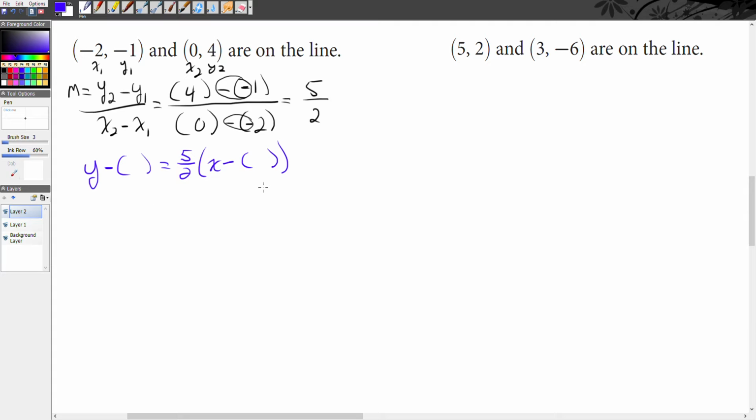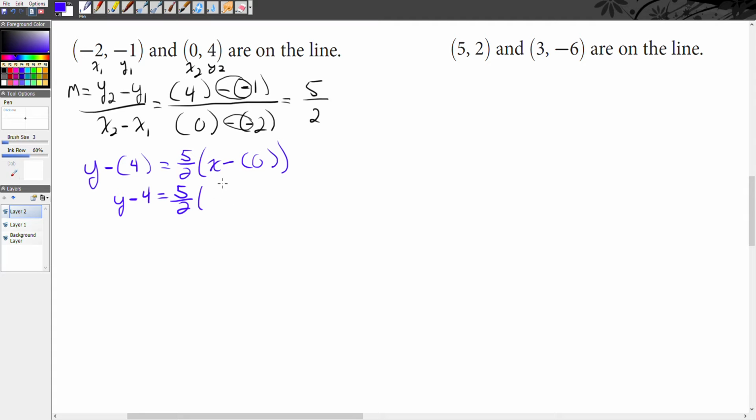And so I need to pick a point here. I'm going to pick one of these points. So I'm going to pick 0, 4. Okay. So my y value is 4, and my x value is 0.